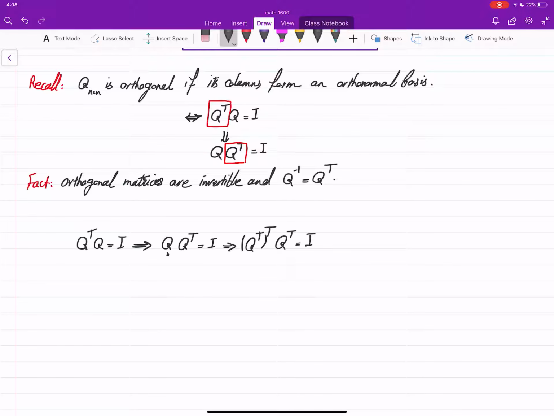Now, what we found here is that Q transpose times the transpose of Q transpose is identity. This implies that Q transpose is also orthogonal. And we know that Q transpose, which is Q inverse, is also orthogonal.